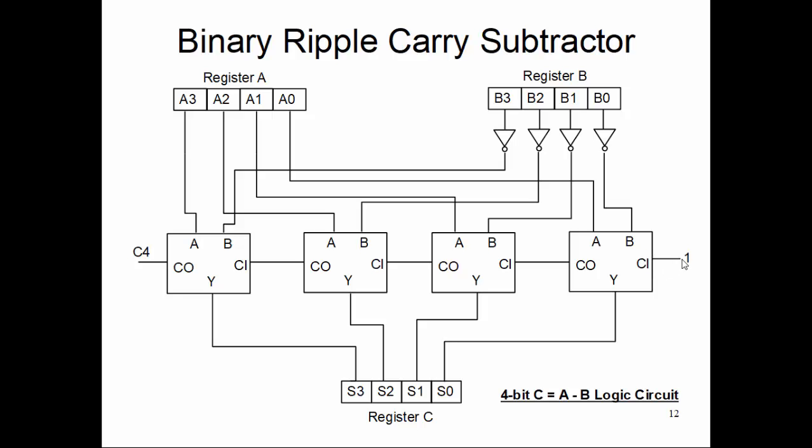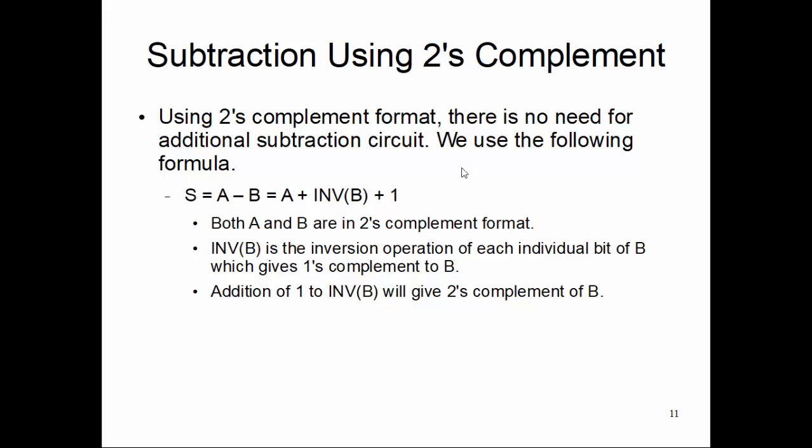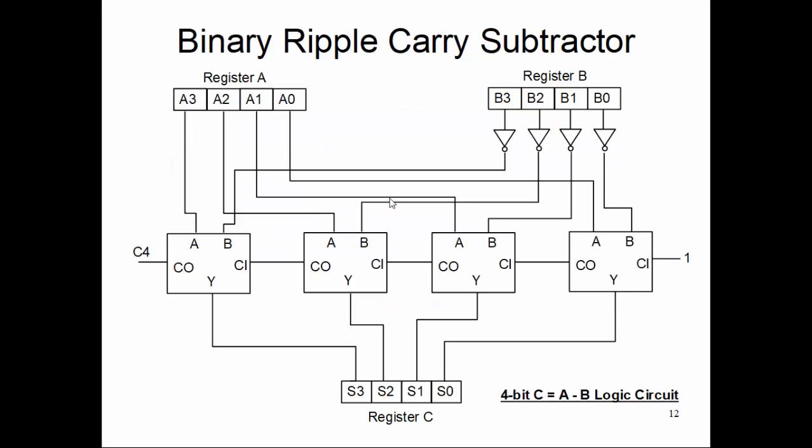Remember, in our adder circuit I had a default carry in of 0. Now since I need to do A plus inversion of B plus 1, this extra 1 we are adding through the carry bit of the first full adder stage at the LSB side. So the default carry in is 1, and we are deploying inversion circuits into those full adder circuits.